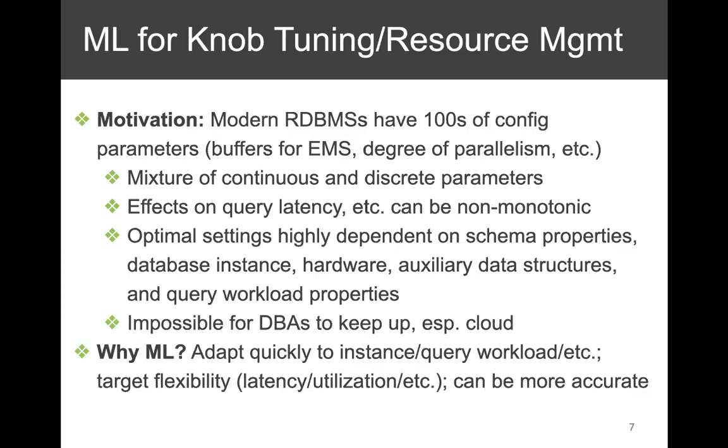The main reason is it's flexible and adaptable, and it can be more accurate. You can adapt instantly to changes in the query workloads. You can adapt to changes in the hardware configs. And then the target can be flexible. You can configure different loss functions. You can optimize for latency or optimize for resource utilization, optimize for cost.